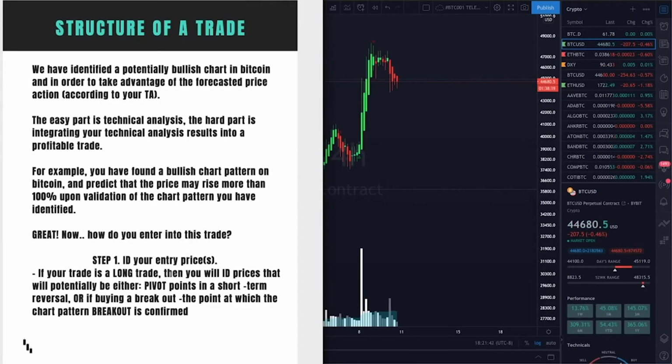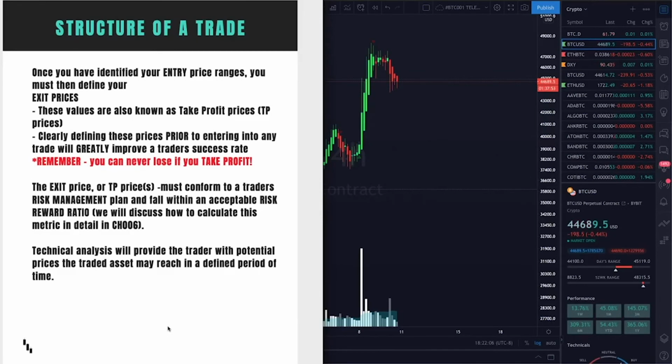So your first step here is to identify your entry prices. If your trade is a long trade, then you will ID prices that will potentially either be a pivot in the reversal, which means the last lowest low before the reversal to the uptrend, or a short-term reversal, or if buying a breakout, the point at which the chart pattern breakout is confirmed.